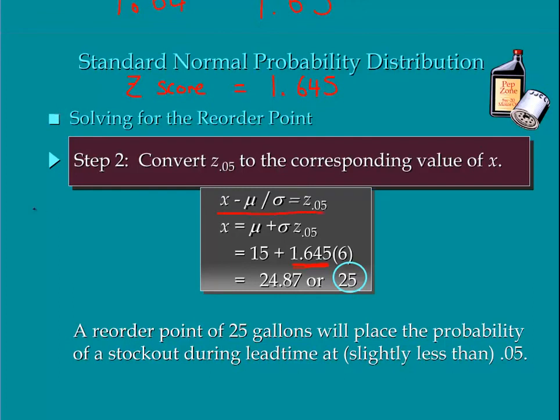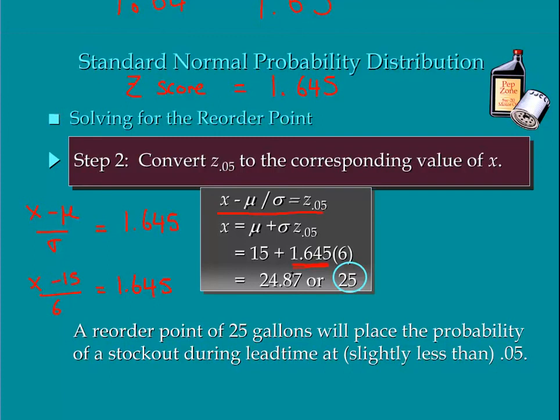Now, this is the standardization formula from before: x minus mu all over sigma gives us a value of 1.645. Just remember mu is 15, and sigma is 6. So this would be x minus 15 all over 6 is equal to 1.645.